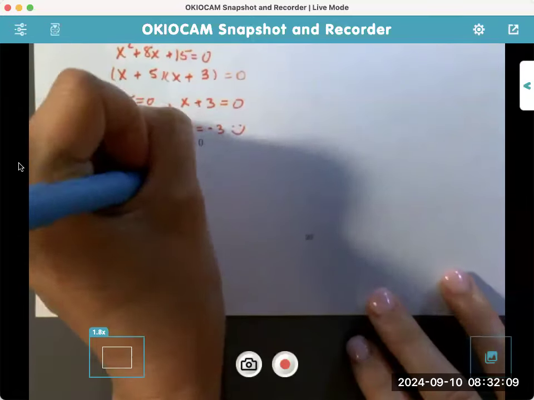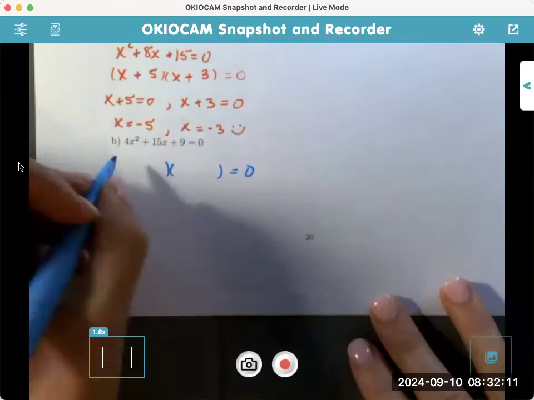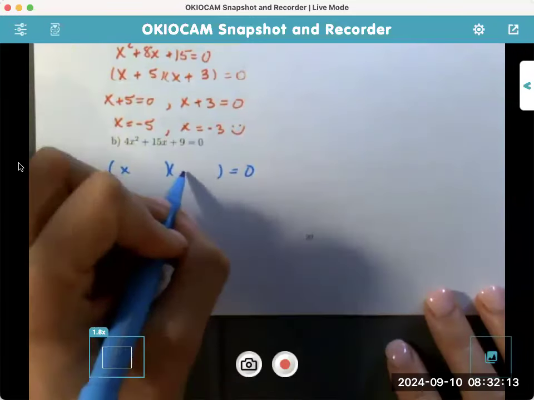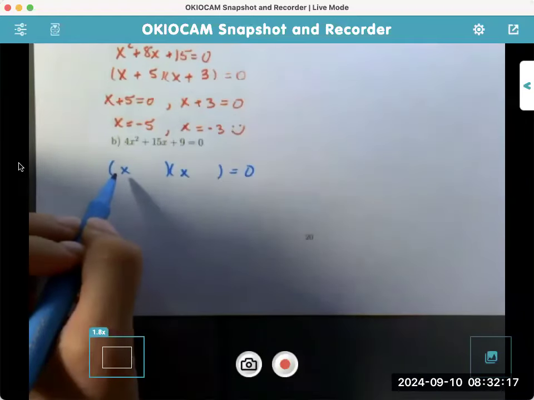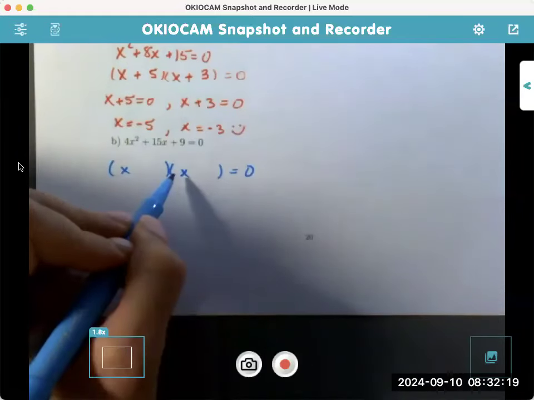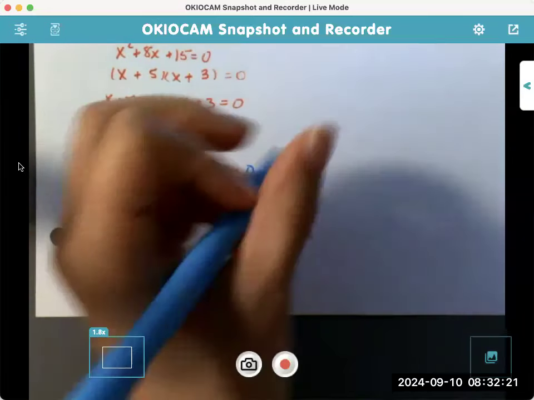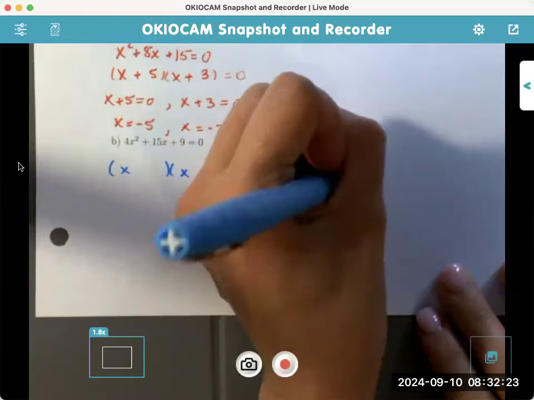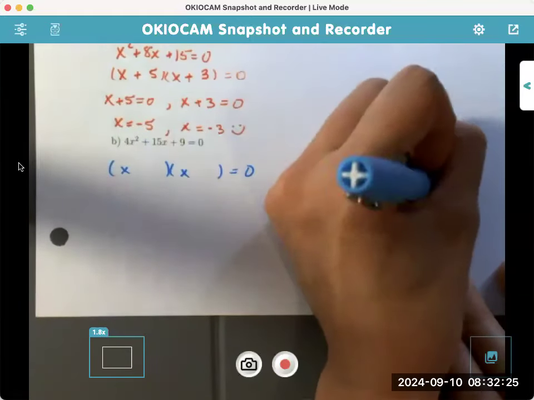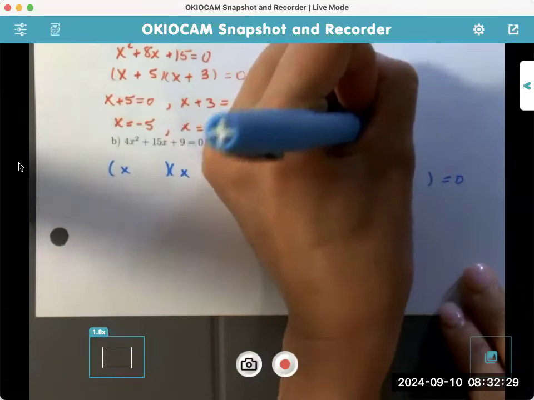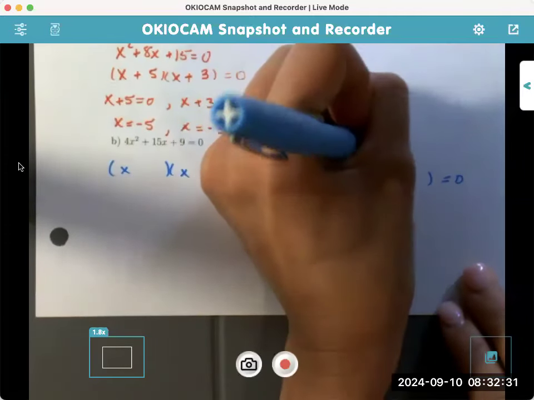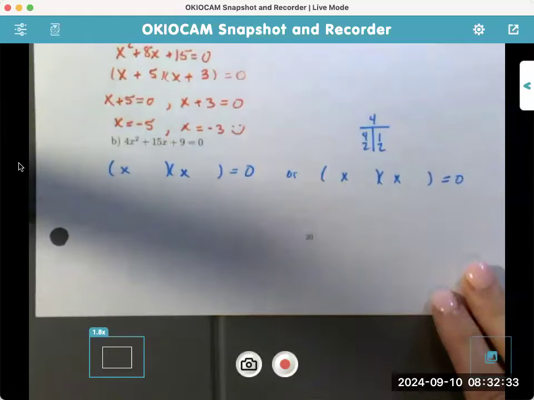So we know we still have two factors, okay? So an x and an x, but now it becomes, is it 2 times 2 or 4 times 1? Because 4 has two factors, right? 4 is either 4 and 1, or 2 times 2, that equals 4.